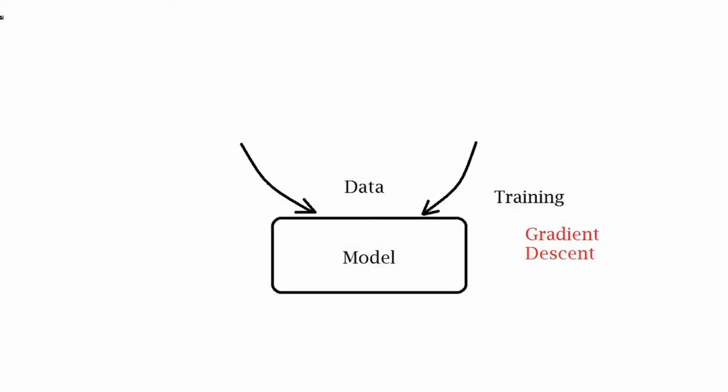Now let's summarize. The data is used to teach the model, and that process is called training. And the gradient descent is a part of training, or it is a method of training. So that again gets us into the gradient descent, which is the main focus of this video.